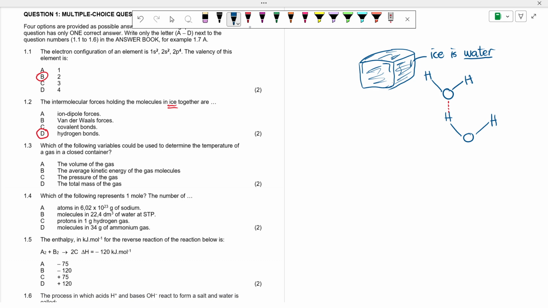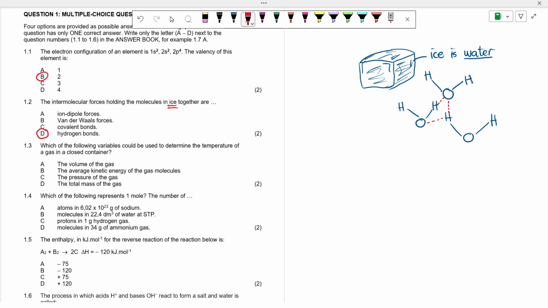If I draw another water molecule, you'll see it's going to be like that. There are also intermolecular forces holding this oxygen and this hydrogen. The same applies to this oxygen, it's going to be held to that. So this is what makes water stick together.